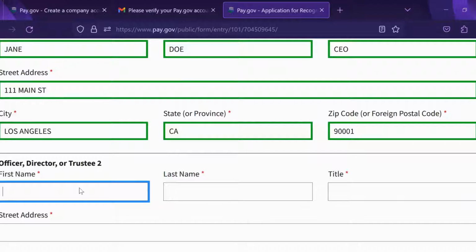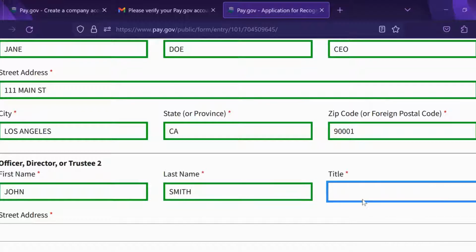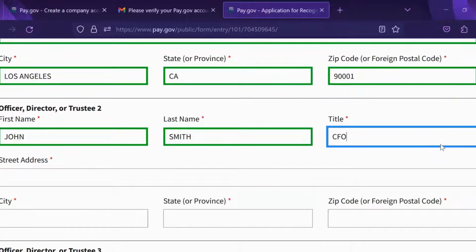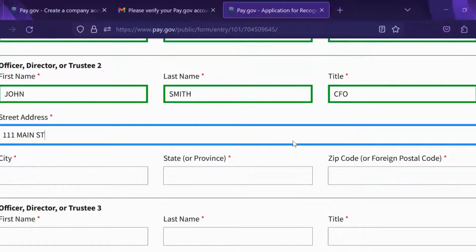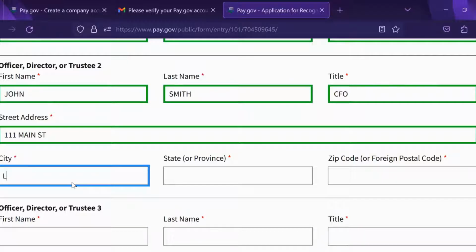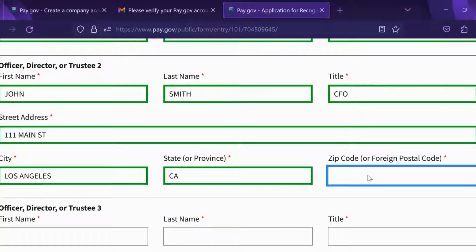The second person on her board is, first name only, last name is in the next field. And he is the CFO. The street address, city, zip.